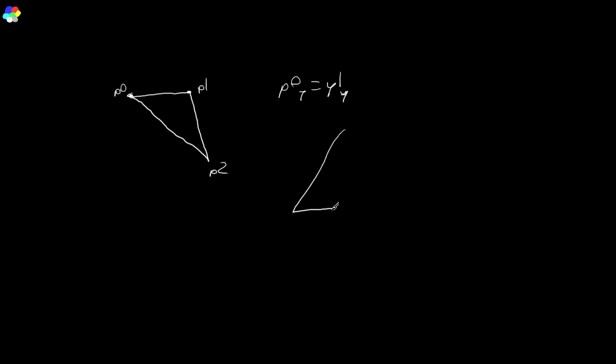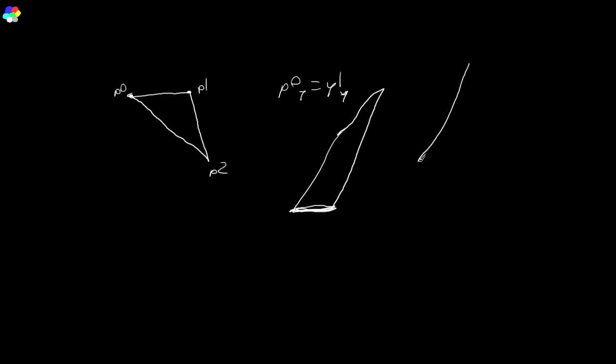Here's the deal. You've got flat top triangles. If this is P0, P1, and this is P2, you have it where P0y is equal to P1y. That's a flat top triangle. Similarly, you can have a flat bottom triangle, which is P1y equal to P2y.